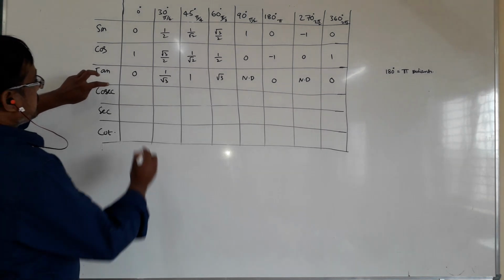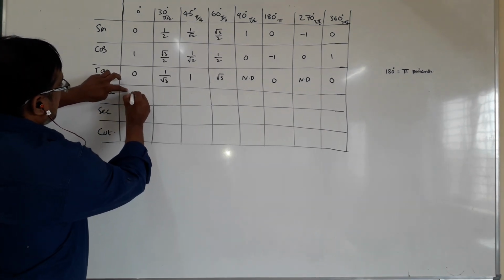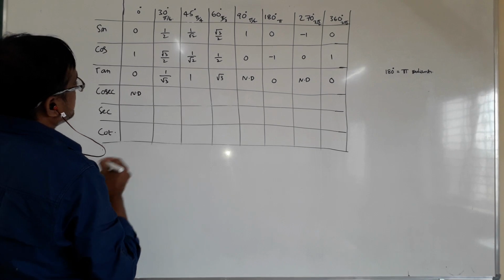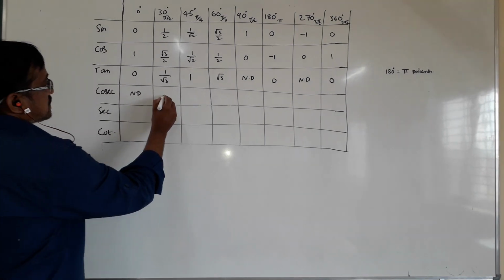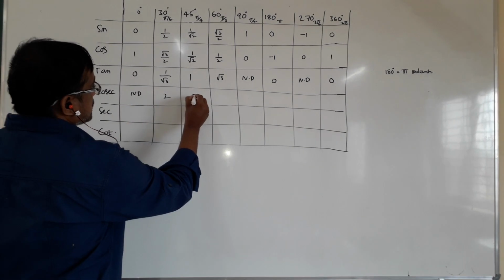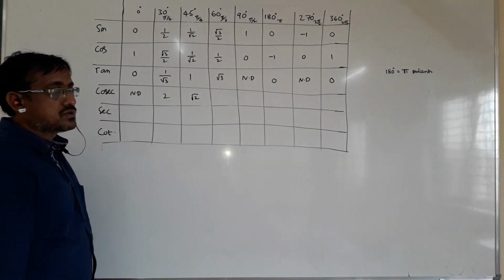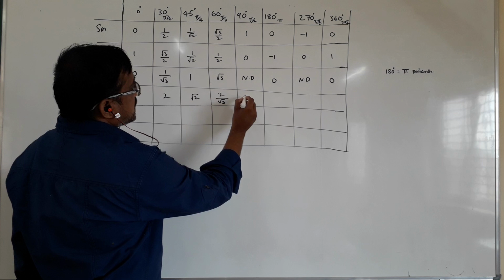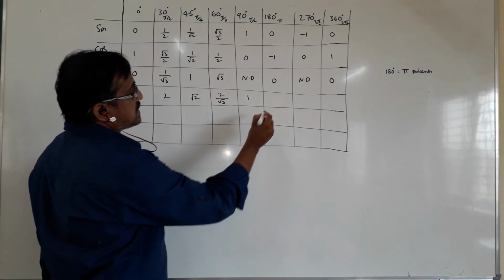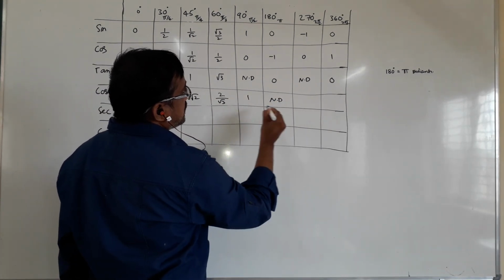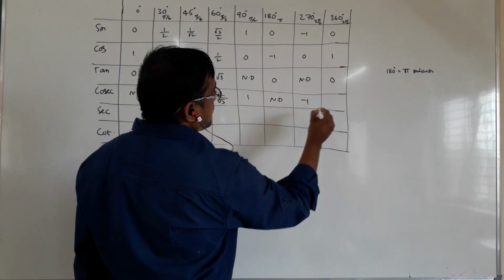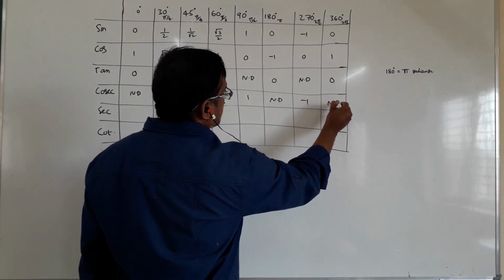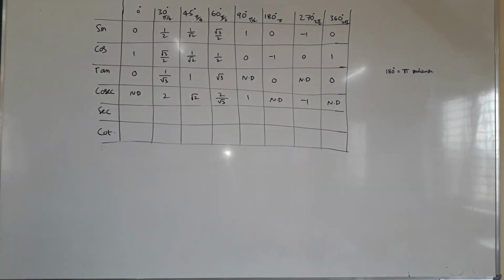Now cosecant 0 is not defined since it is the reciprocal of sine. Cosecant 30 is 2, cosecant 45 is root 2, cosecant 60 is 2 by root 3, cosecant 90 is 1, cosecant 180 is not defined, cosecant 270 is minus 1, cosecant 360 is not defined.